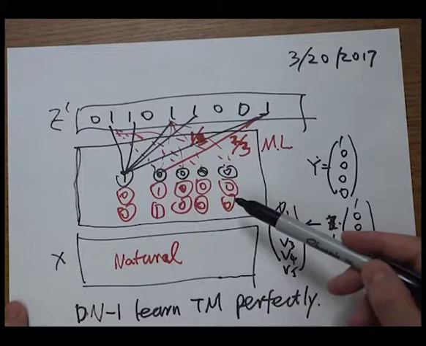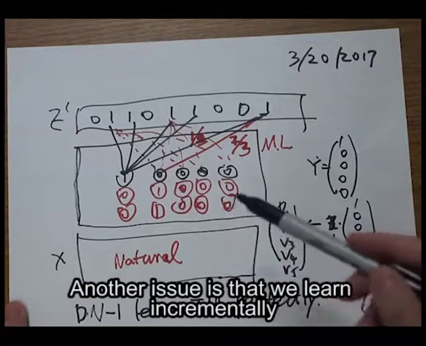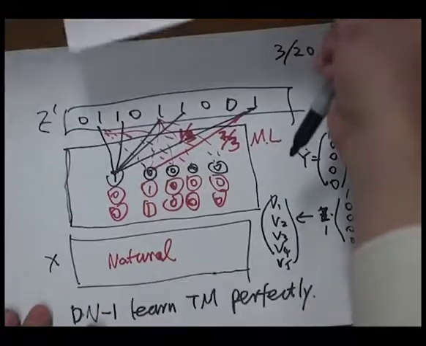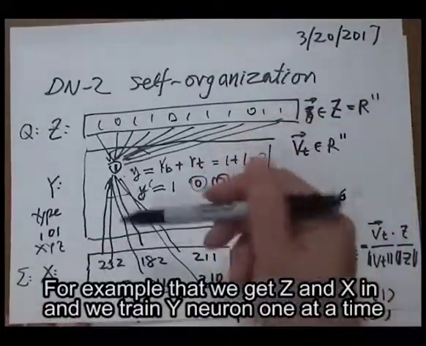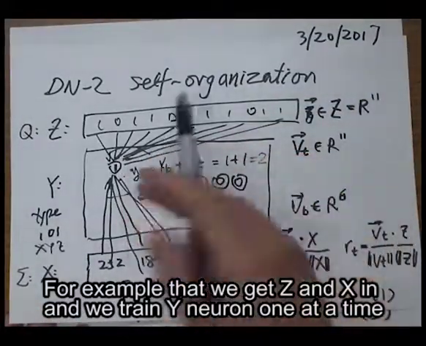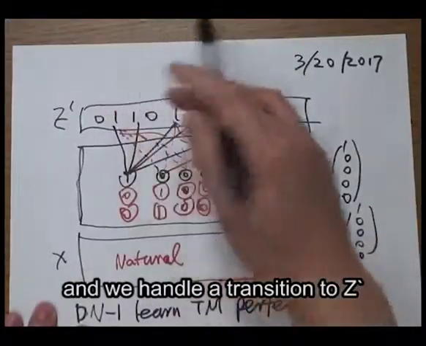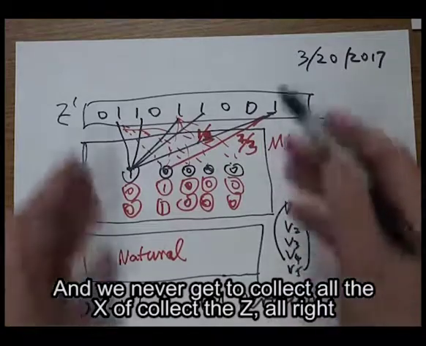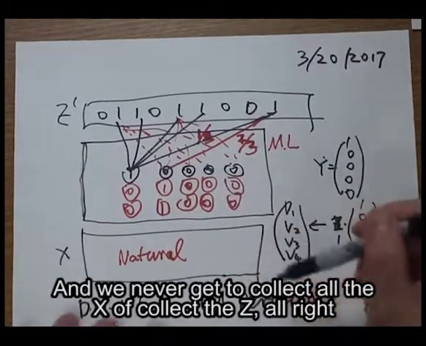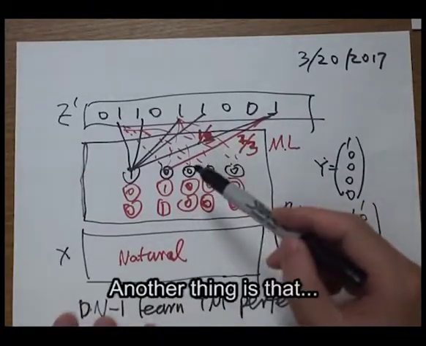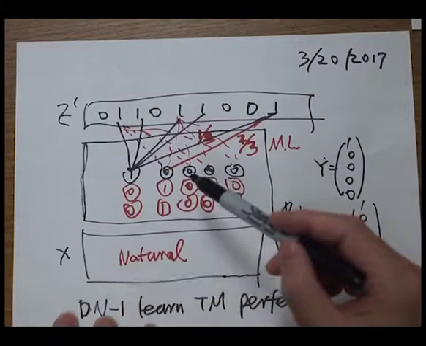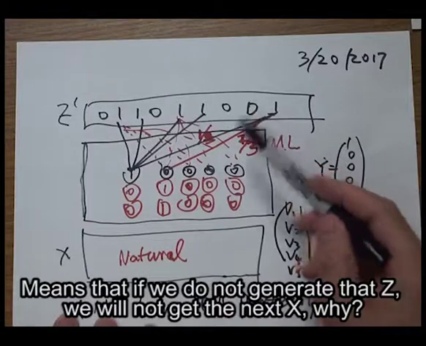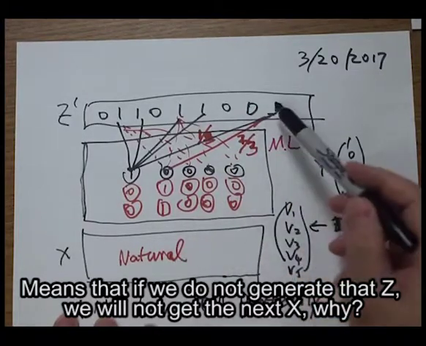Another issue is that we learn incrementally. We do not collect all the data. X and Y come in; for example, we get Z and X in, and we generate one neuron at a time, and we handle the transition to Z prime, and we never have to collect all the X or all the Z. This is called incremental. Another very important thing is that if we do not generate that Z, we will not get the next X. Why?